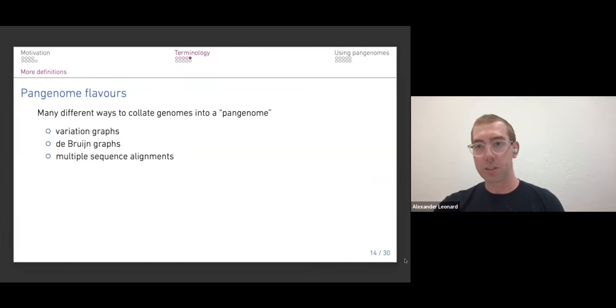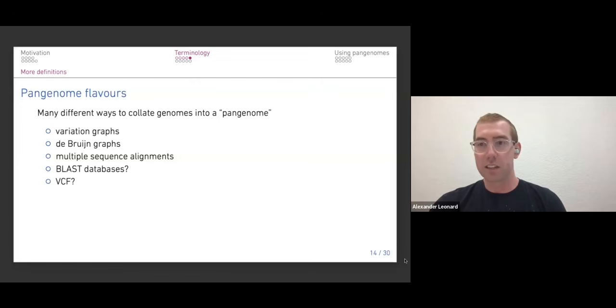Even something like a multiple sequence alignment, which has been around for much longer, is technically a type of pangenome. We're talking about how different genomes are related to each other in a single format. However, we have to be aware that the definition of pangenome is quite vague. Even something like a BLAST database is technically a collection of different genomes that we can somehow interrogate at once, so this is also some type of pangenome.